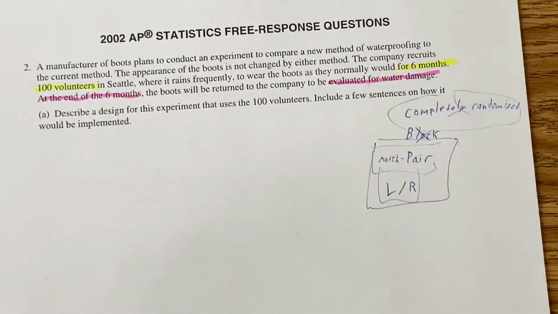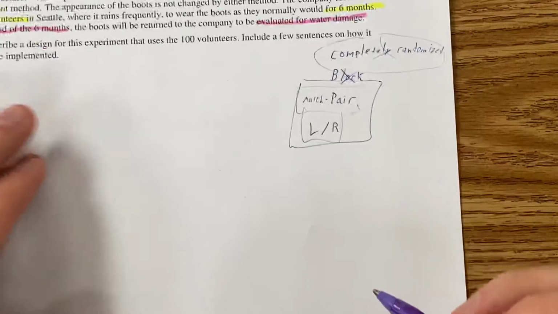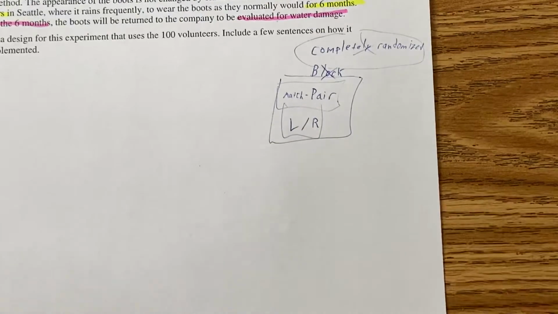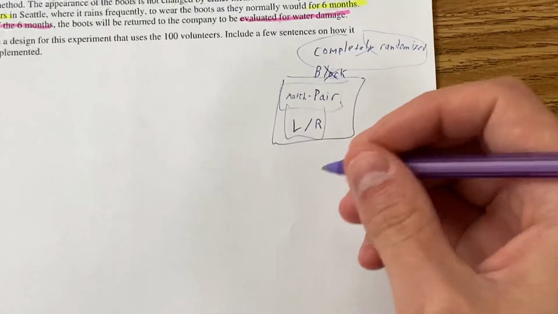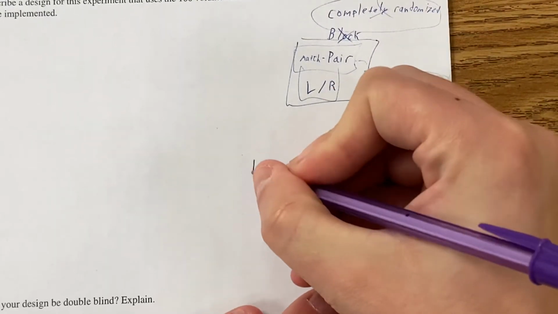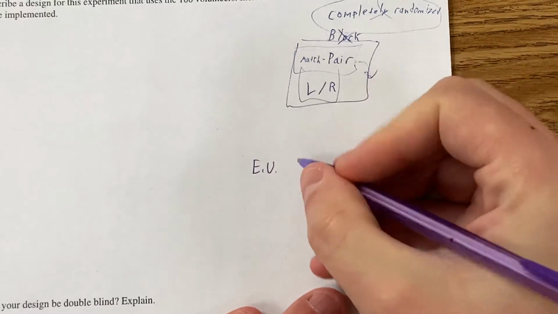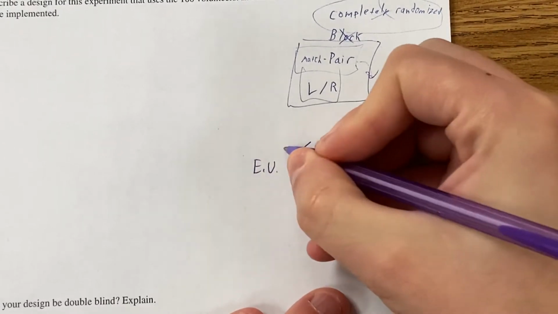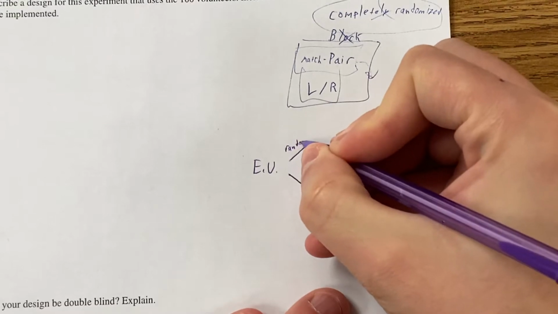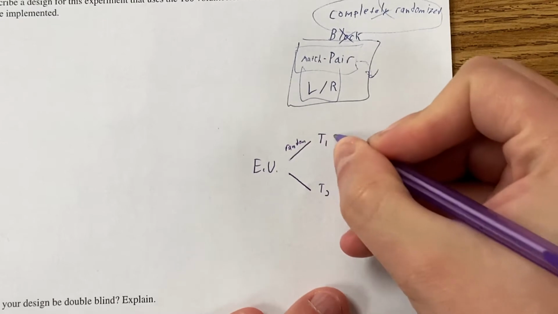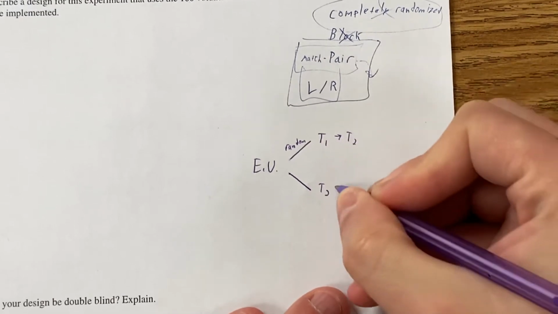Now, I'm going to write something that isn't a good replacement for an answer, but it is something that usually gets you at least a partial credit, and that is to actually do the matched pair diagram. If you remember from class, we had the experimental units, and then what you do is you randomly put them into either treatment 1 or treatment 2, and then treatment 2 or treatment 1 afterwards.